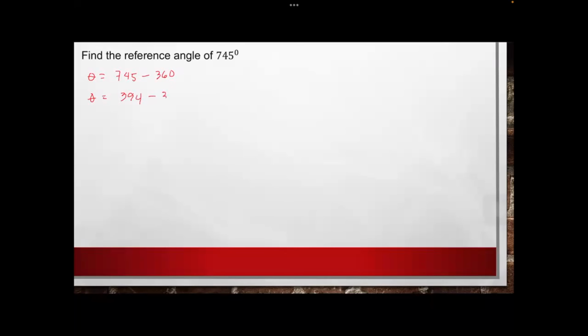So, 394 minus 360, magkakaroon tayo ng 34 degrees. Now, yung 34 ba pasok na dun sa quadrant natin? Yes, pasok na. So, nasaan quadrant siya? It's quadrant 1. Now, what is the reference angle of 745?